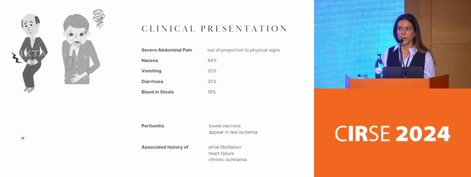This can be accompanied by nausea, vomiting, diarrhea, and bloody stools. Some of these patients also have an associated history of atrial fibrillation, heart failure, and chronic ischemia. Signs of peritonitis can appear in late ischemia because of bowel necrosis, and all we want is to have a diagnosis before it happens.